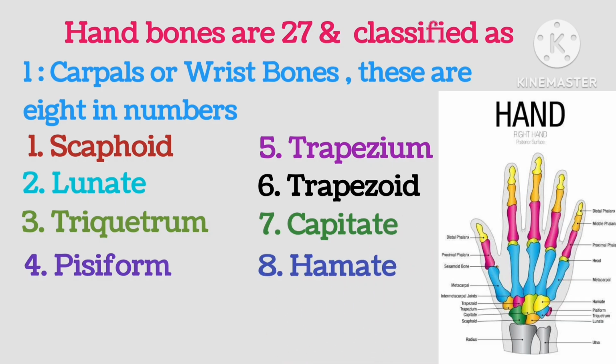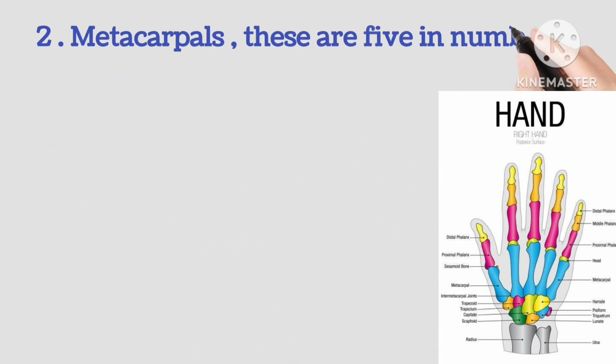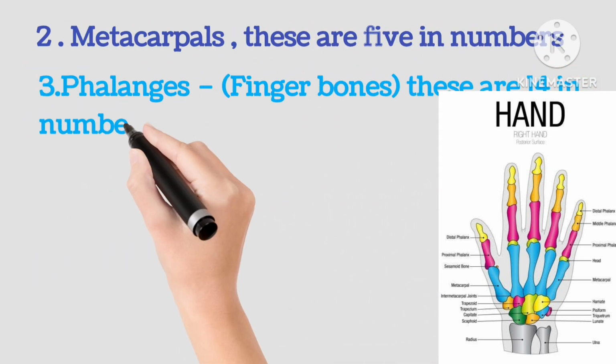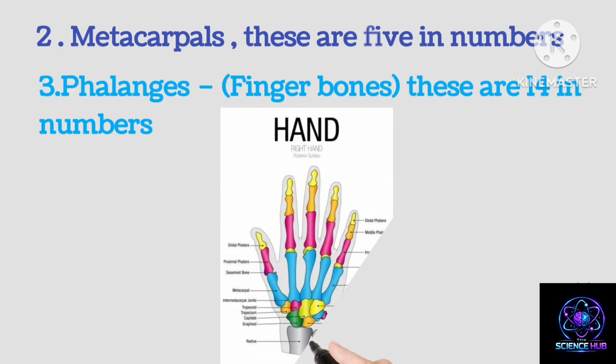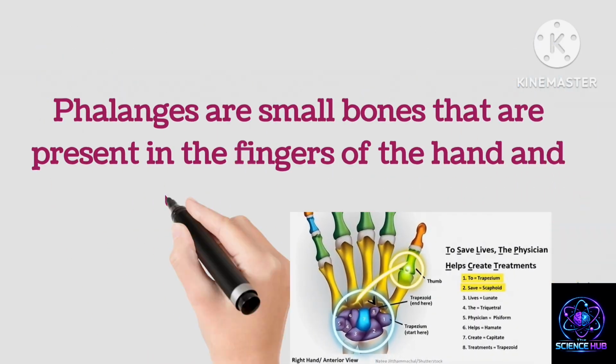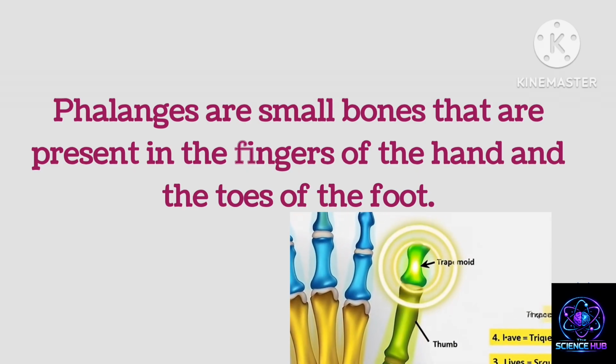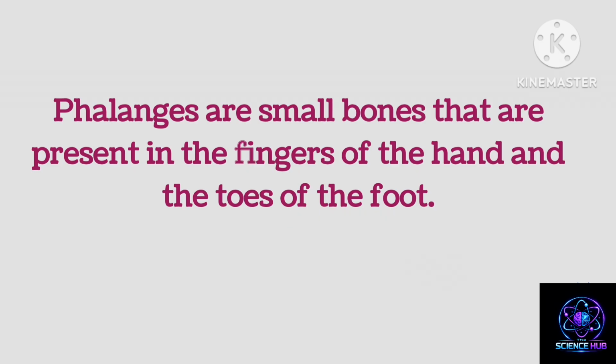Trapezoid. 7. Capitate. 8. Hamate. Number 2, metacarpals. These are 5 in number. Number 3, phalanges, or finger bones. These are 14 in number. Phalanges are small bones that are present in the fingers of the hand and the toes of the foot.